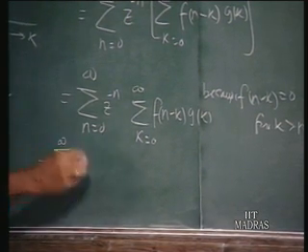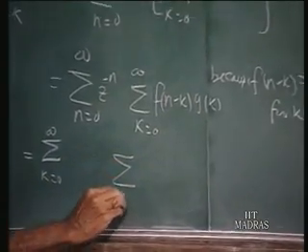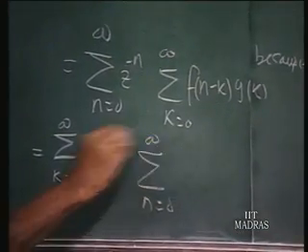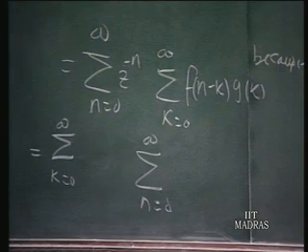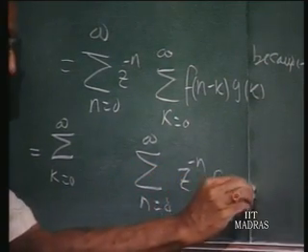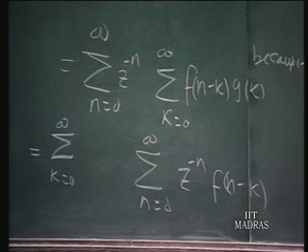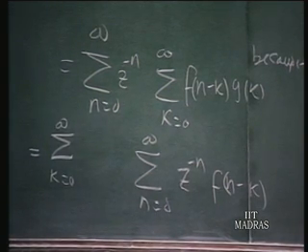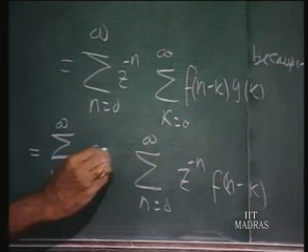Since I am summing with reference to n as a first step, all those which involve n will be put here, Z power minus n, Fn minus k. And all those which are not involved with n can be brought outside. They are constants as far as that summation is concerned.